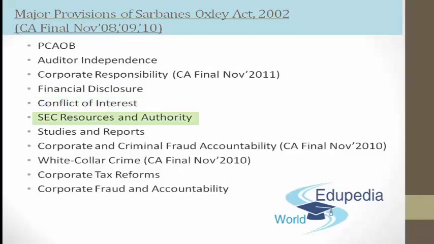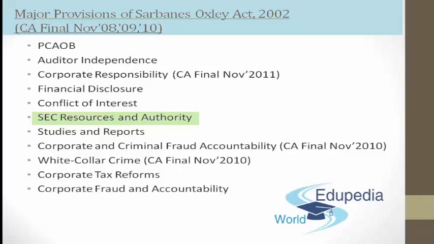Moving on to SEC's resources and authority. So what will be the SEC's resources and authority in that matter? Number one, to provide additional funding to the Securities Exchange Commission. Number two, to provide power to the Securities Exchange Commission and federal courts to censure and impose prohibitions on persons and corporate entities in case of non-compliance with the law.